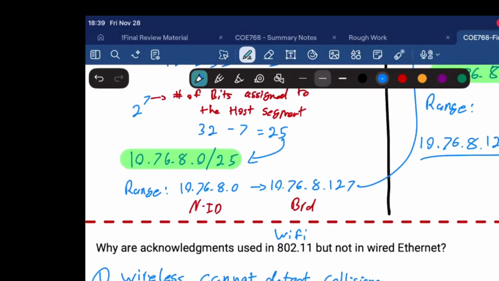Second, wireless channels are very noisy and therefore have high error rates, resulting in packet disruption.